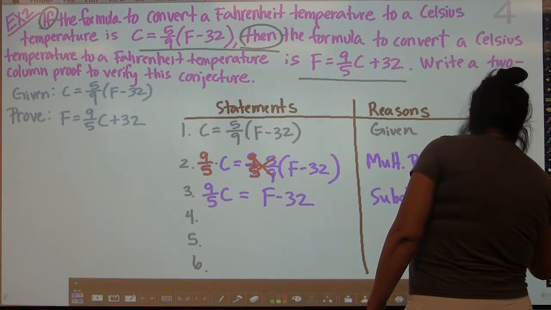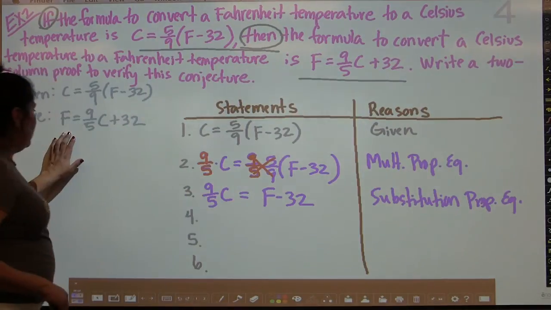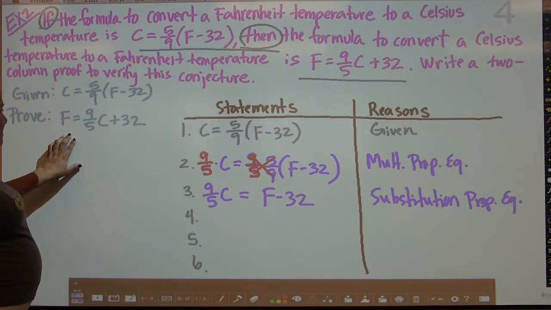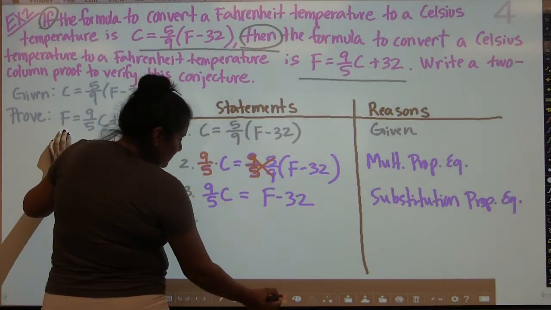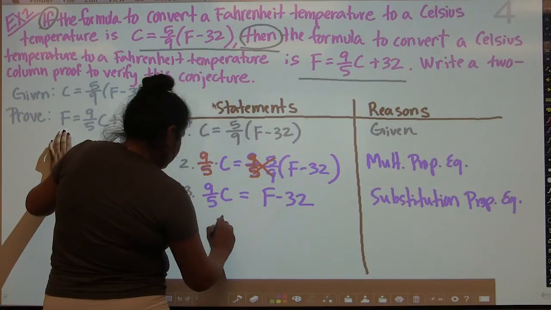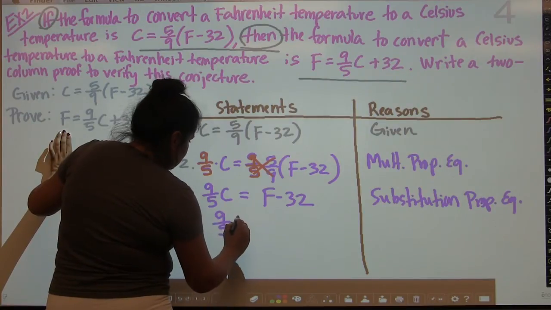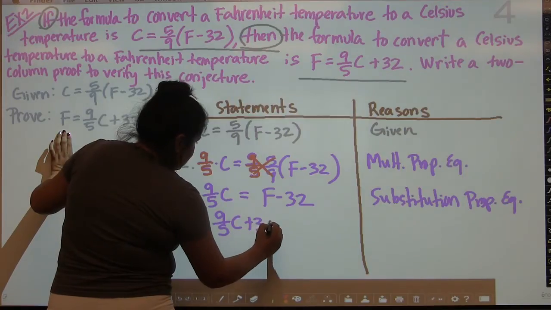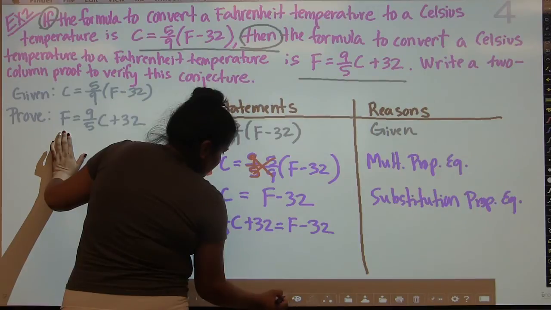Okay, and now if you look at what I'm asked to prove, I need the F by itself. So I need to add 32 to both sides. So I'm going to go 9/5 C plus 32 equals F minus 32.